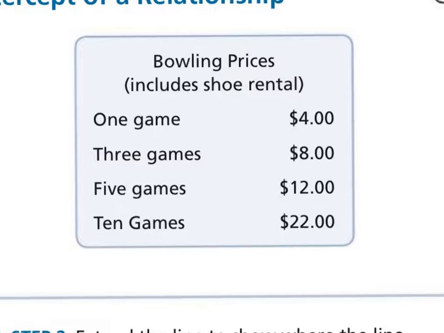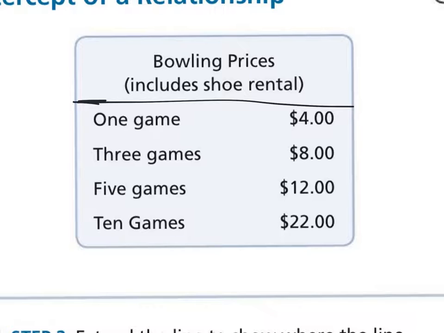The bowling price here includes the shoe rental, and we're going to ask them to potentially take out the cost for the shoe rental, which sometimes we're just not allowed to do. Kind of like if you go to a restaurant, it says it includes a soft drink and you just want a water, you don't really have the option of saying, can I just get a water and take off the price of that, and get that kind of a deal.